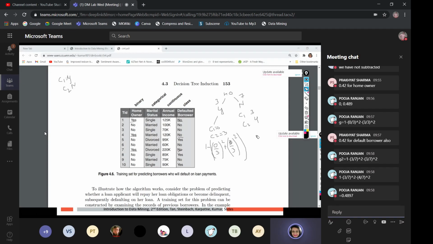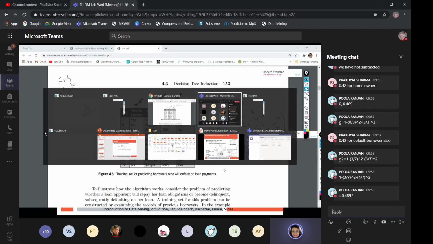And for this, I am computing 1 minus (3/7) square plus (4/7) square, which is equal to... I guess Pooja, you have written the answer.